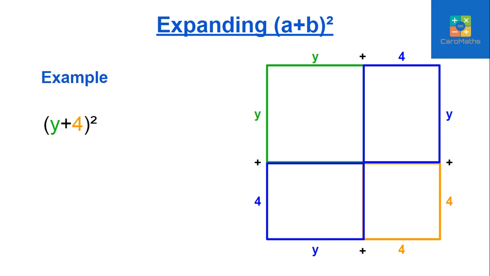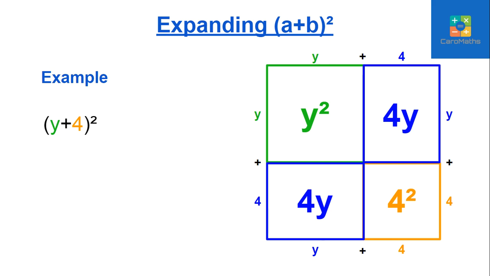So now let's have a look at the areas of each of the squares and rectangles. The area of our green square with sides y is y squared, and the area of our orange square with sides 4 is 4 squared. And the area of each of our blue rectangles with sides y and 4 is 4y.